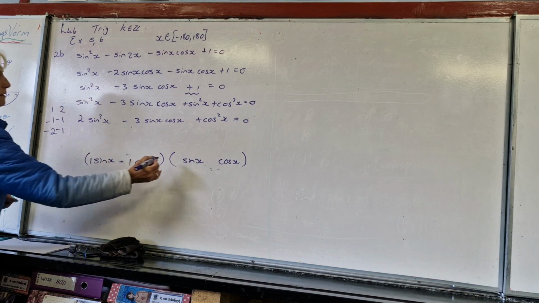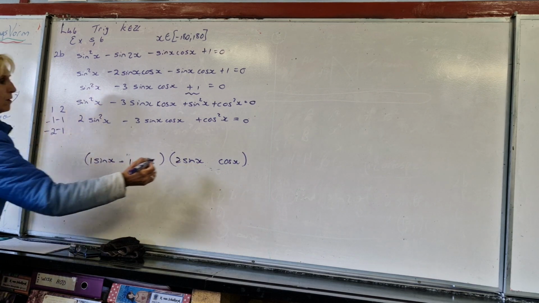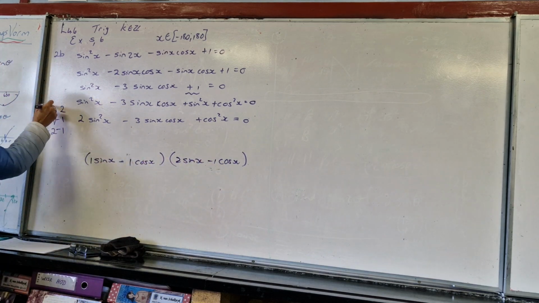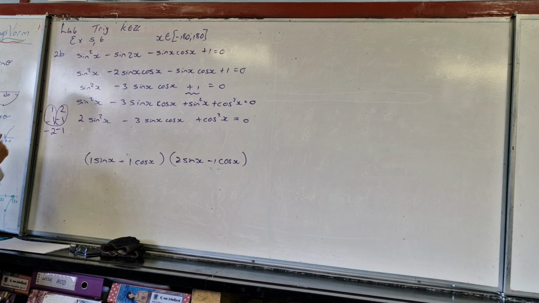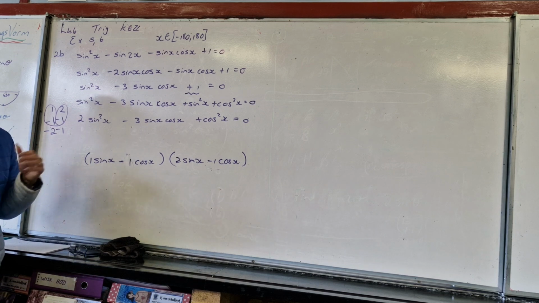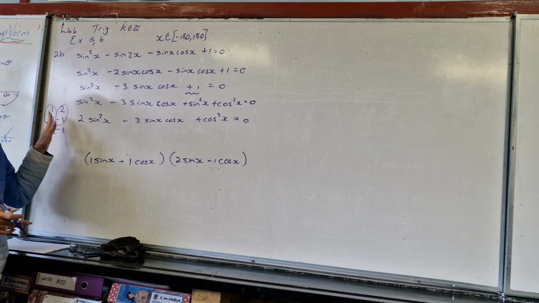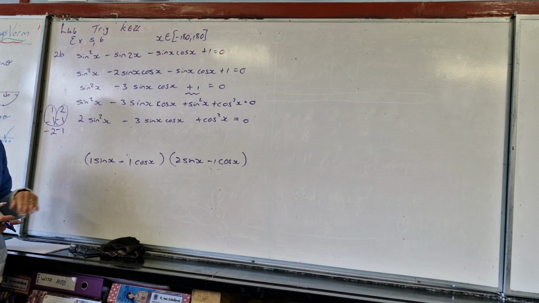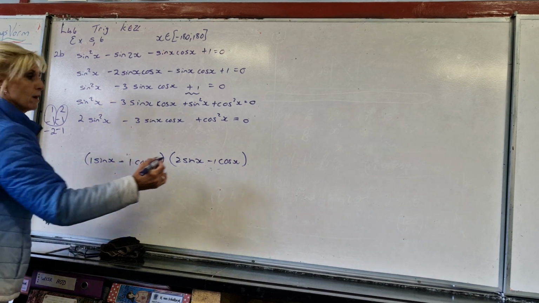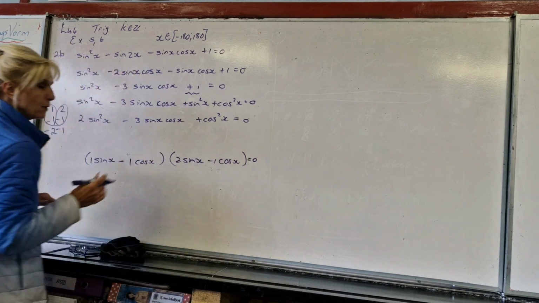And this should be 2 and minus 1. Those were our two brackets that we're going to be using for our factorization. We don't care how you do the factorization. If you do it with a calculator, without the calculator, with whichever technique you were taught, I don't care. That's your factorization.